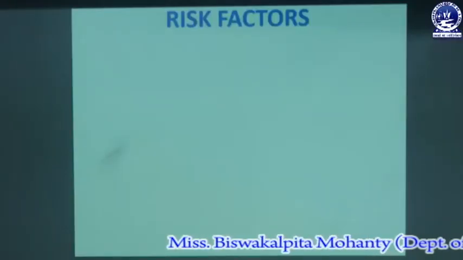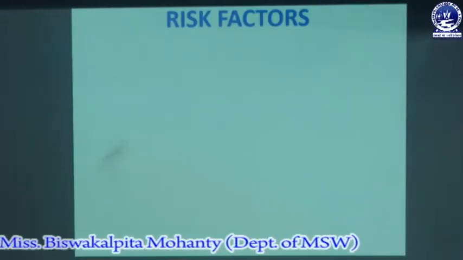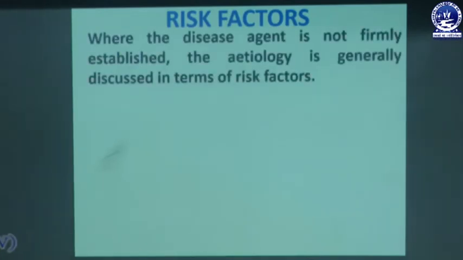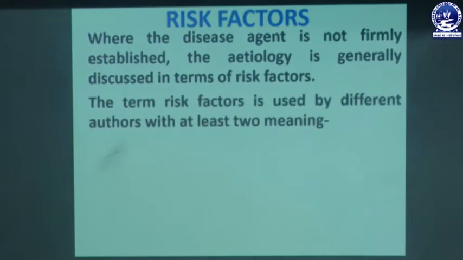First we will discuss risk factors. Where the disease agent is not firmly established, the etiology is generally discussed in terms of risk factors. The term risk factors is used by different authors with at least two meanings.